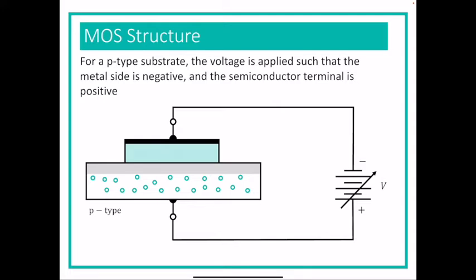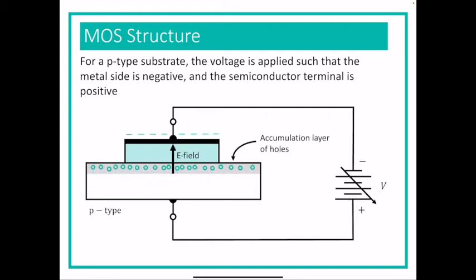Then what happens is, as we increase the voltage, as we make the voltage more positive, the holes in the P-type material are pushed up towards the junction between that and the oxide, and then we get negative charges in the metal and we get an electric field.